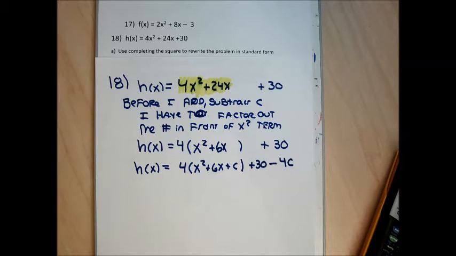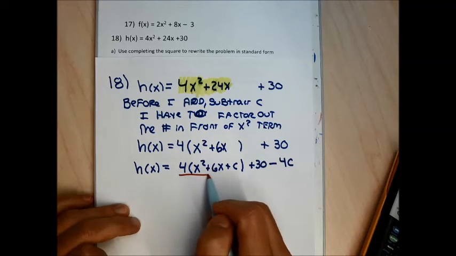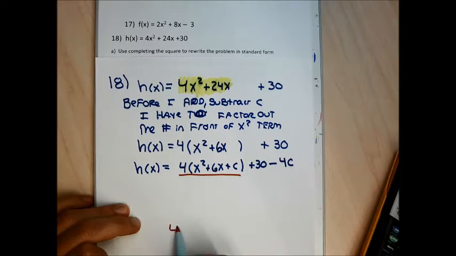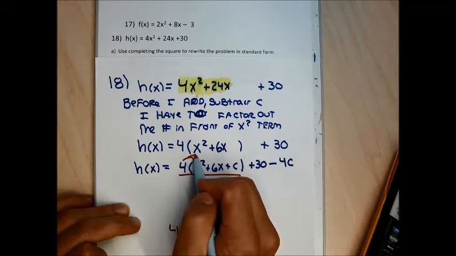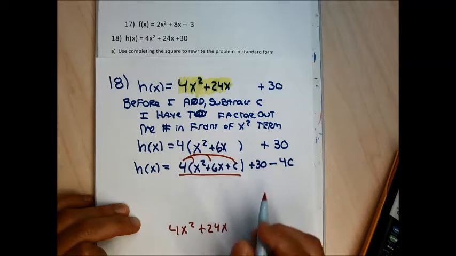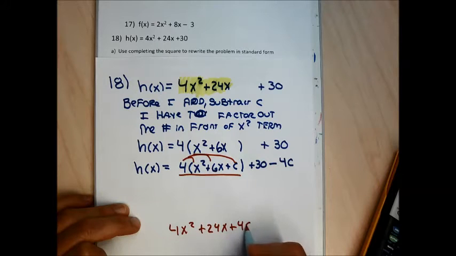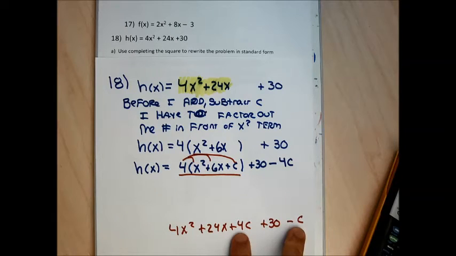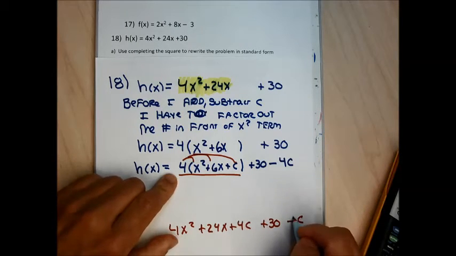The reason is, if I cleared this parentheses right here, I'd get 4x squared by multiplying 4 times x squared, plus 4 times 6x is plus 24x, plus 4c, and then if I just minused 1c, the c's wouldn't cancel. In order to cancel a 4c, I have to put a minus 4c.